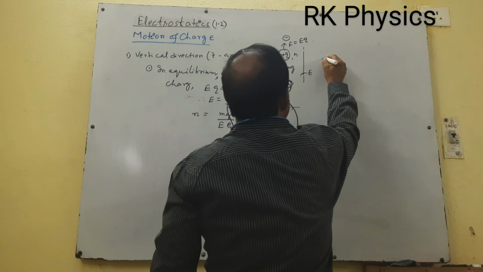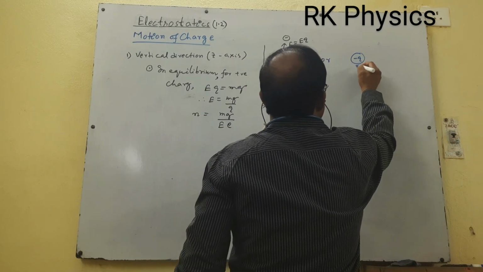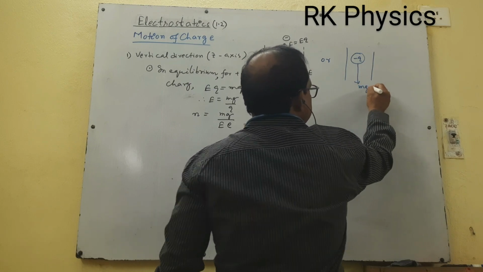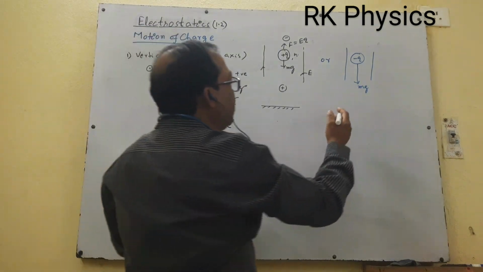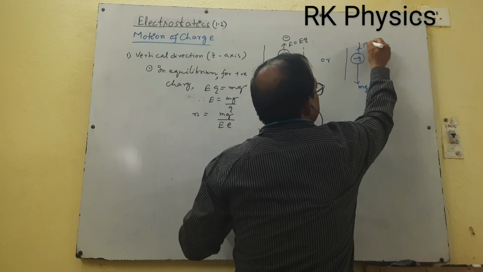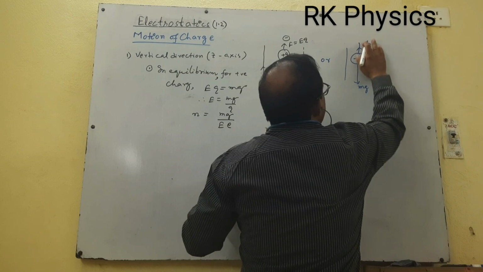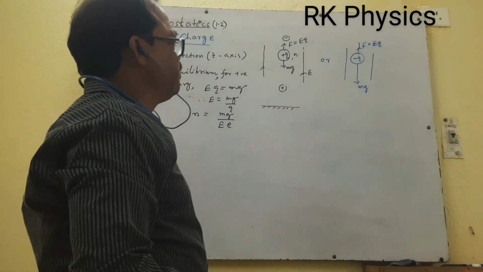Suppose instead of positive charge, you take negative charge along that direction. Again, now weight of the body is fixed. Direction of weight is towards the center of earth. Now this weight can be cancelled if electric force EQ must be opposite to mg, like this.